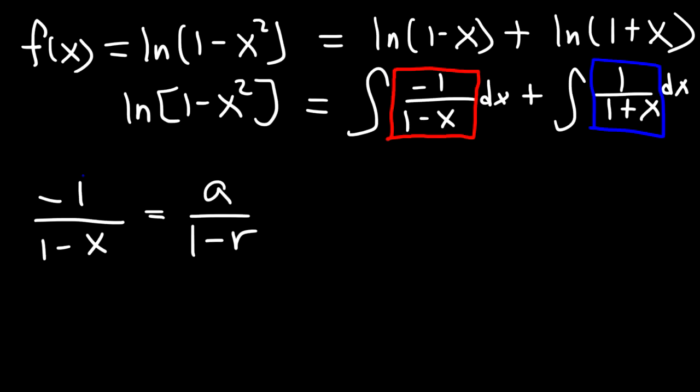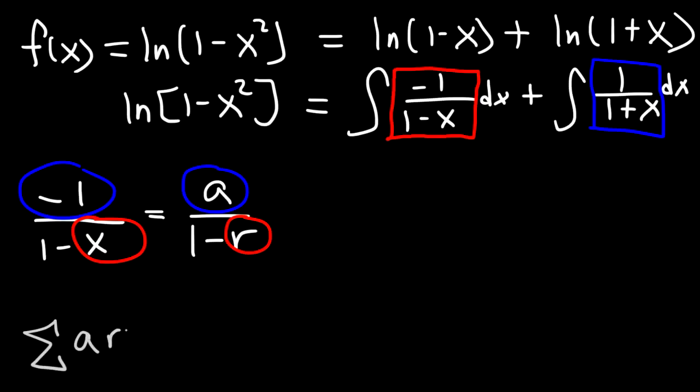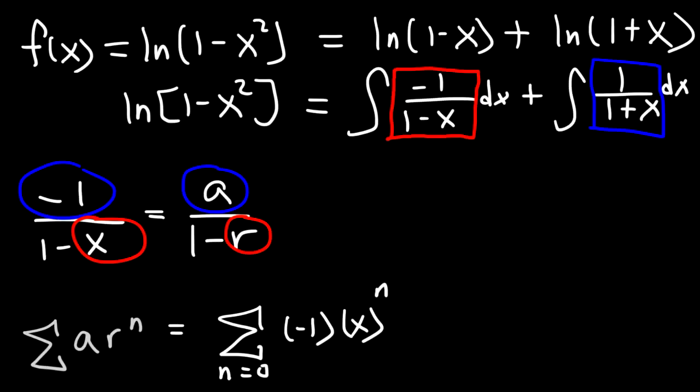So we can see that a is 1 and r is x. So using the geometric series in that form, we can write a power series like this. It's going to be a, which is negative 1, times r, which is x, raised to the n, from 0 to infinity.